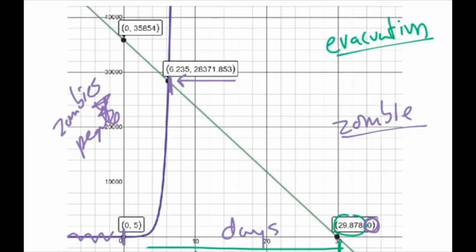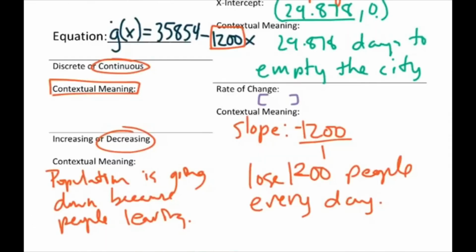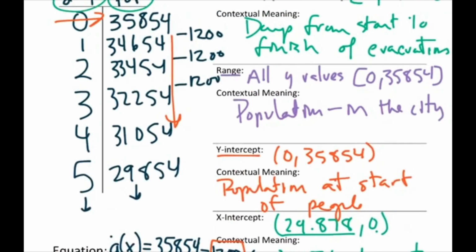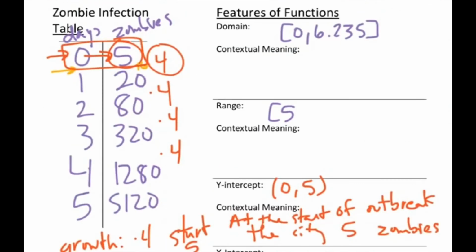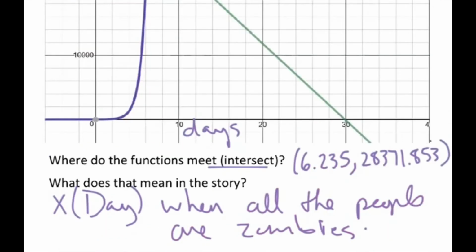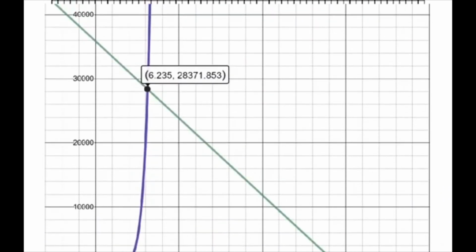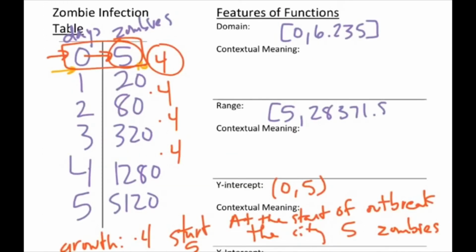Because we start at 5 up to 28,371.853. And what's the meaning? That's the population of zombies. This is days, right? Till everybody's turned into zombies.